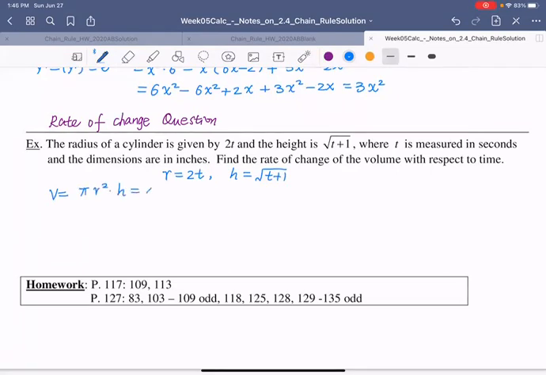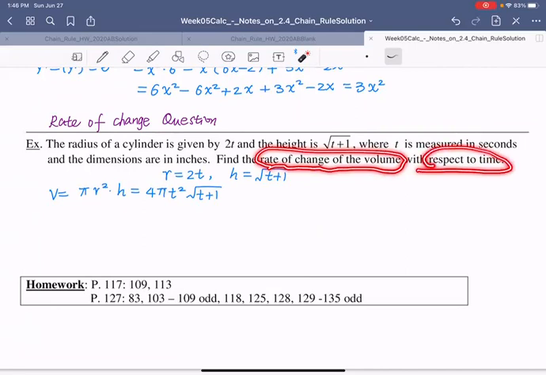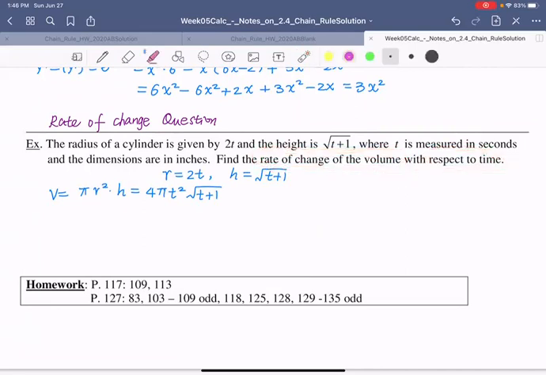So this gave me 4 pi t squared times this, right? Now they ask you, find the rate of change of the volume with respect to time. You may feel strange because you never saw these words before.